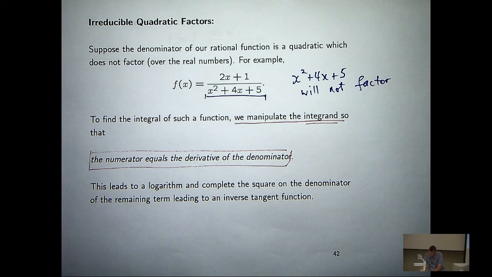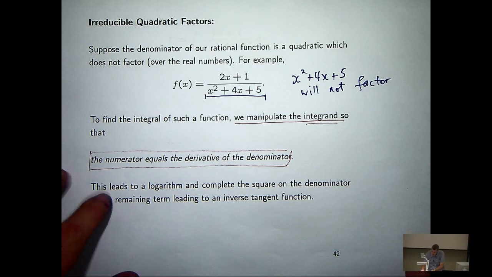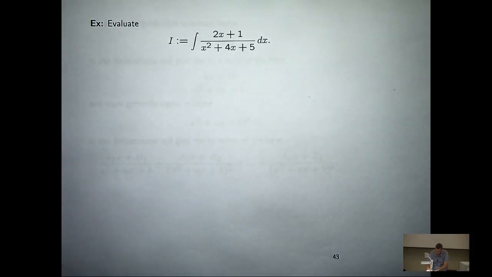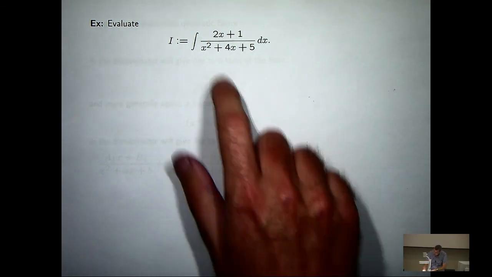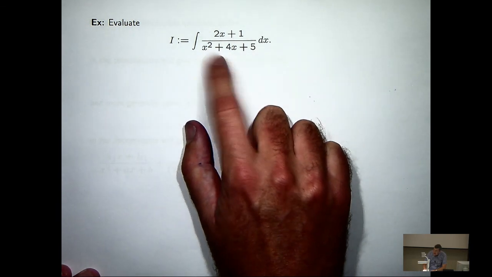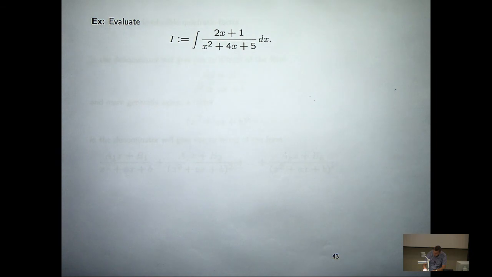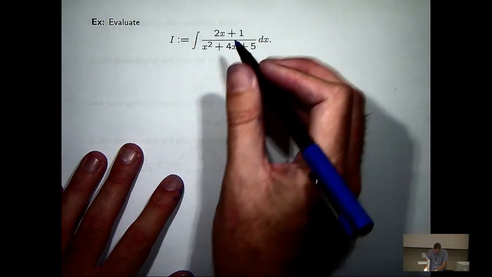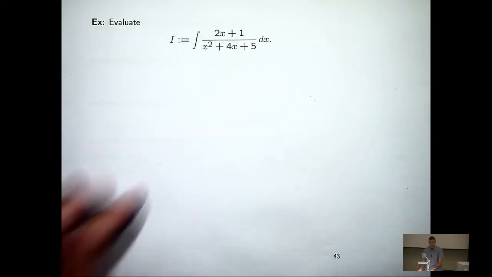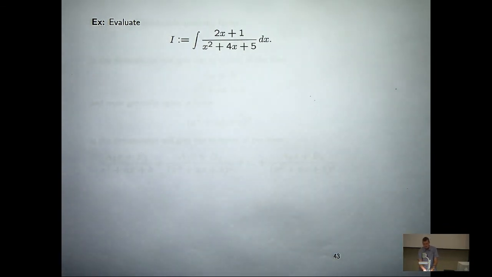So how does it work? Well, let's have a look. If you try to factor the denominator, you can't, at least over the reals. So what we are going to do is try to make the numerator into the derivative of what's on the bottom.